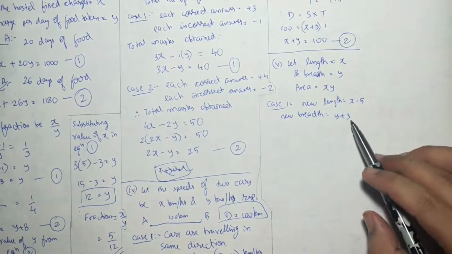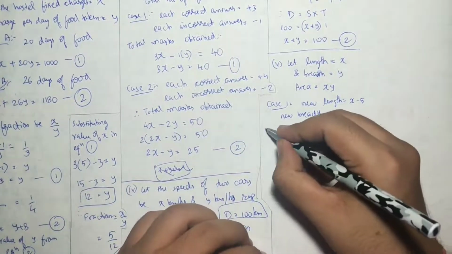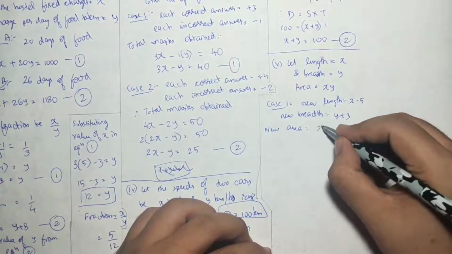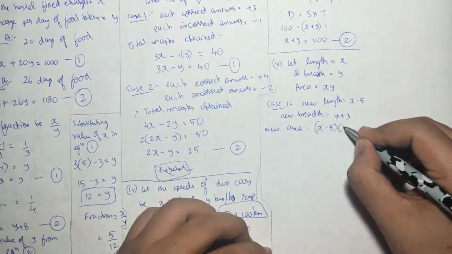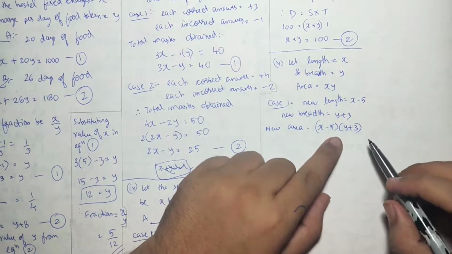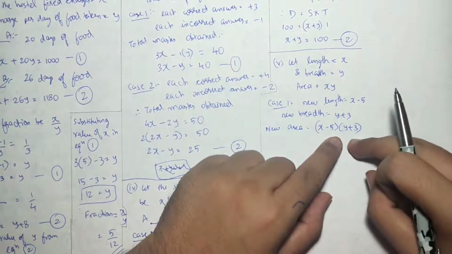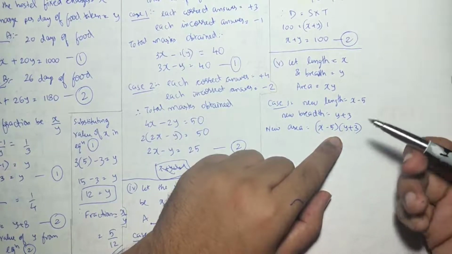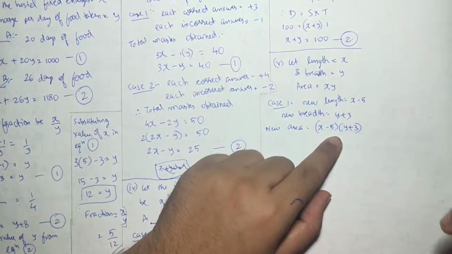If the length and breadth are changed, the area would have changed. New area will be x minus 5 multiplied by y plus 3. Multiplying the length and breadth would give me new area. But they have told that the new area will be reduced by 9 units from the original area.